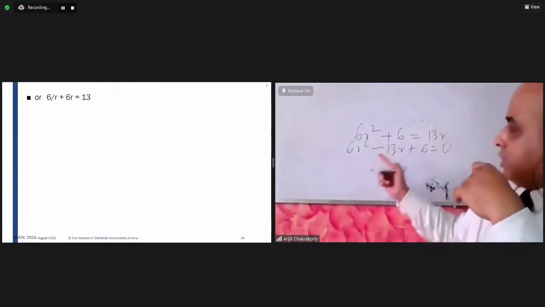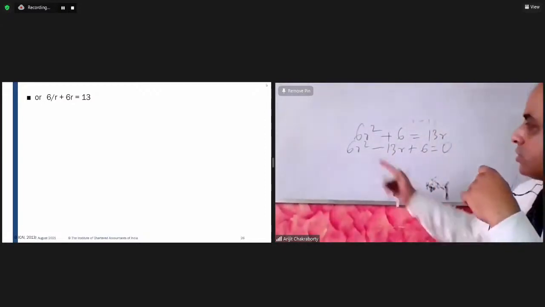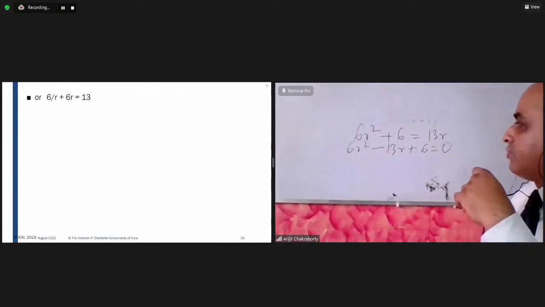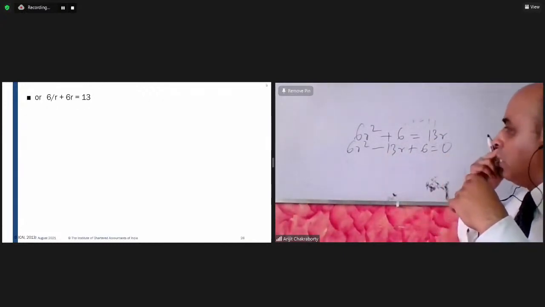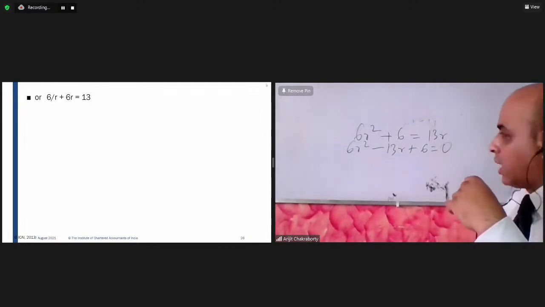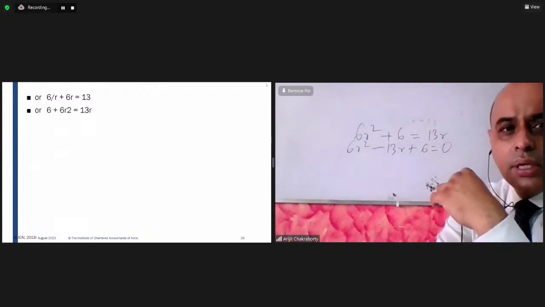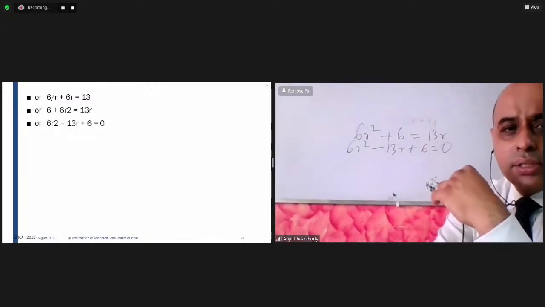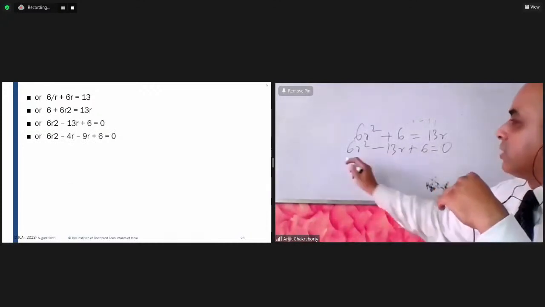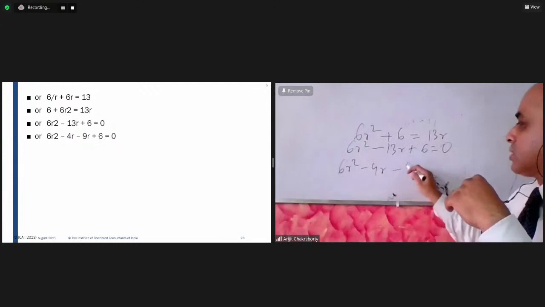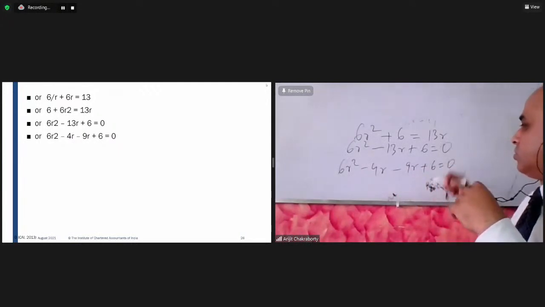So here it's absolutely a quadratic equation, 6R square minus 13R plus 6. What can we do? We can break it up as 4 and 9. So 6R square minus 4R minus 9R plus 6 equal to 0.